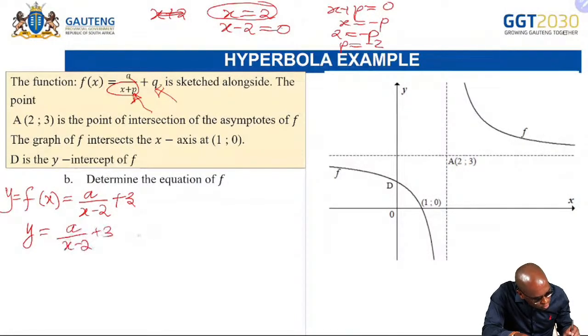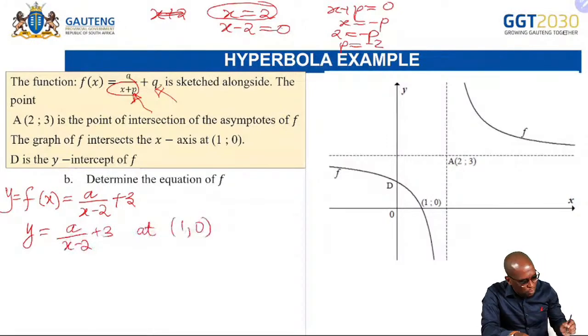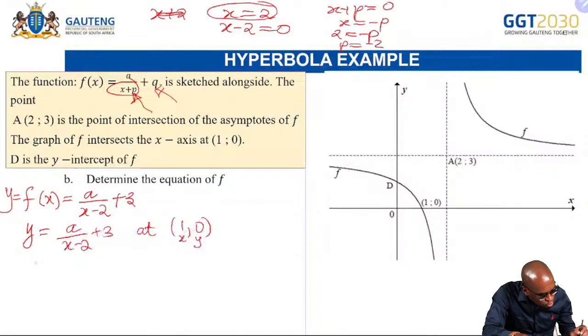I'm going to substitute the point 1, 0, where x is 1 and y is 0. So where I see y, I put 0. And where I see x here, I'm going to put 1. 1 minus 2 plus 3. Transposing 3 here, I get that minus 3 is equal to a over minus 1. So a is equal to 3.